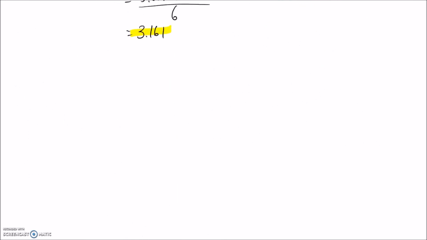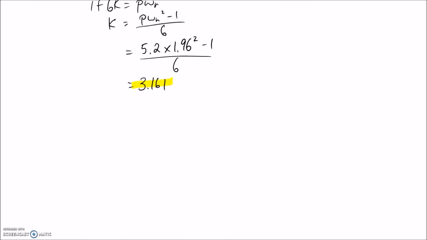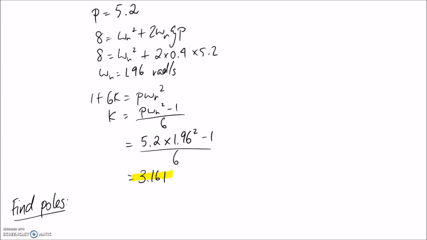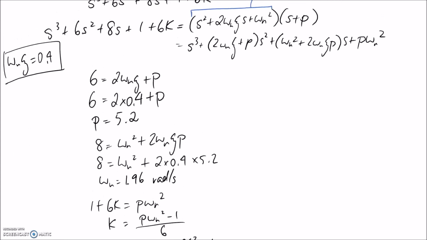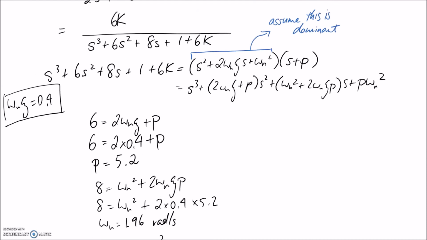So coming back down, to check my second order dominance, what I need to do is find the poles of my transfer function, or my characteristic equation, I should say more specifically. So what we need to do is find out where our equation here goes to 0, what values of s cause that.